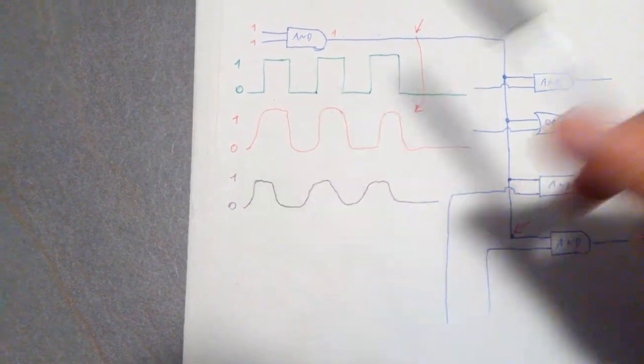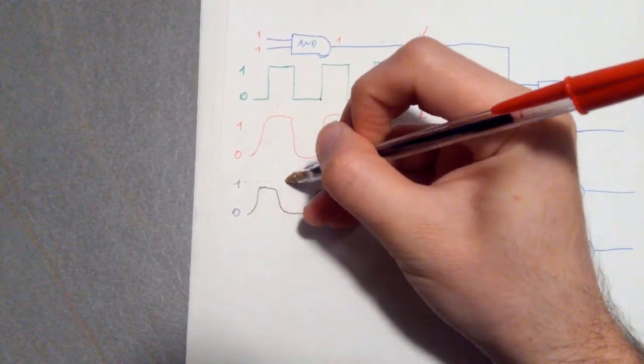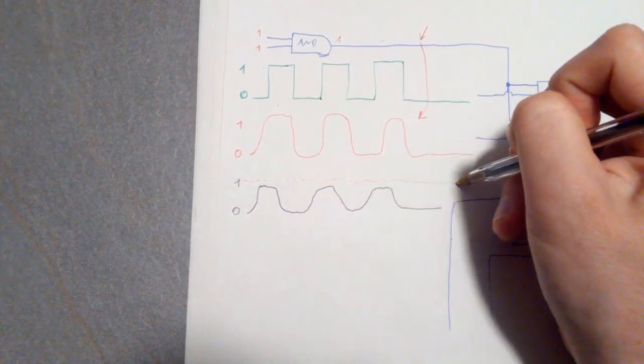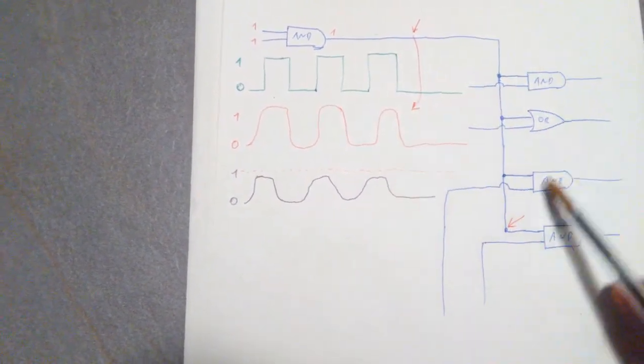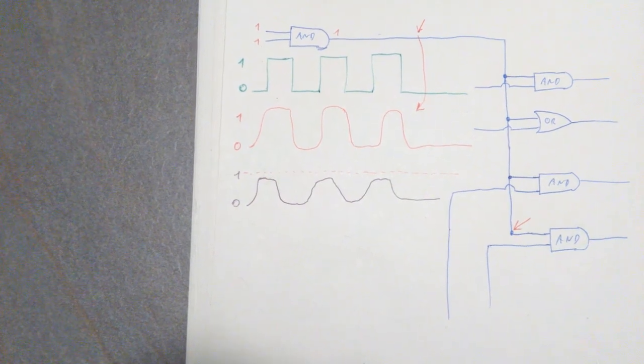Now, the problem with this is that we actually expected our high voltage to be here. But it's never going to reach that because it has to travel all the way down here. So what do we do?